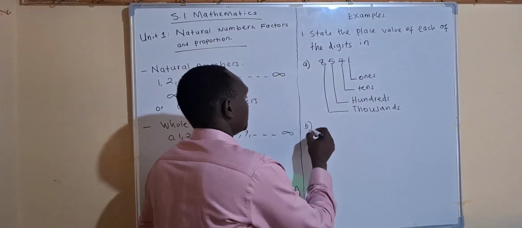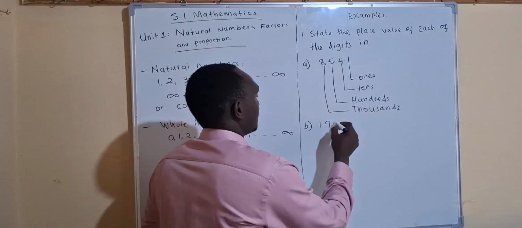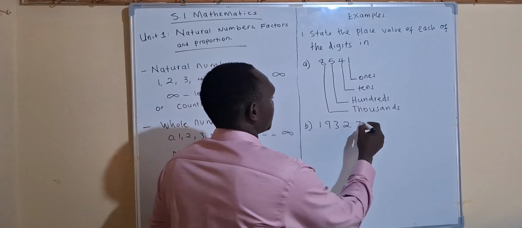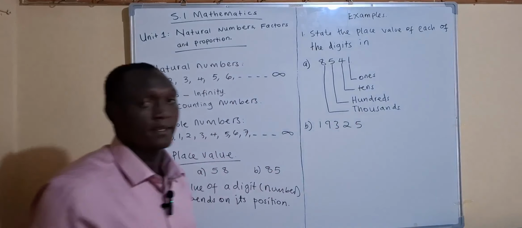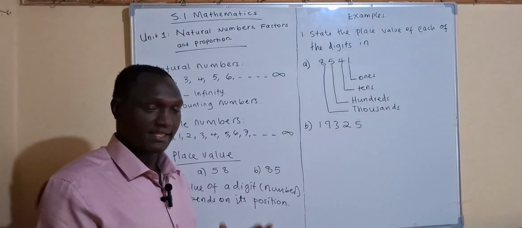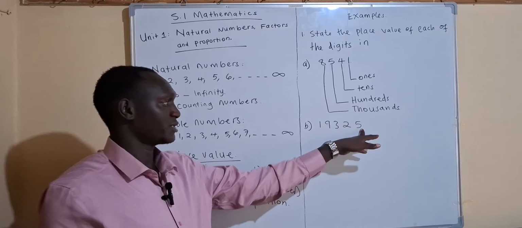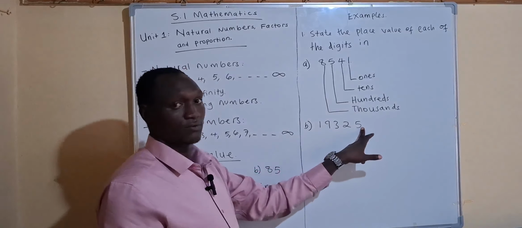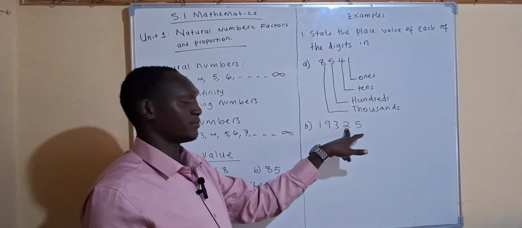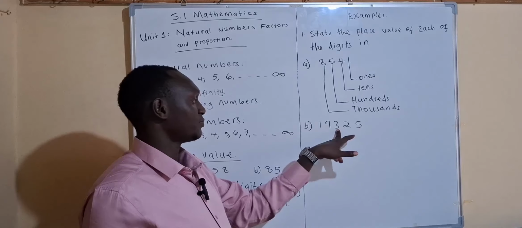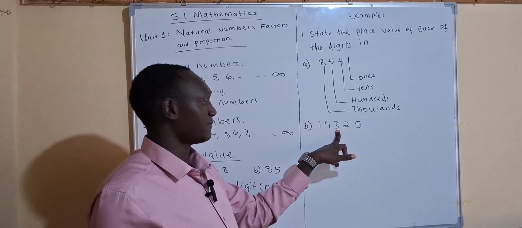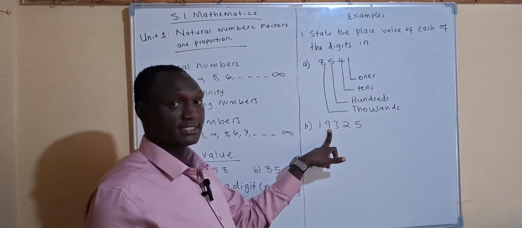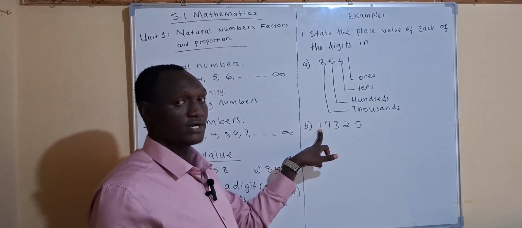Let me call it B. Just say 19,325. And we shall follow the same method, starting from the extreme end here of 5. We say this position is a position of ones, this position is a position of tens, this position is a position of hundreds, this position is for thousands, this position is for 10,000.